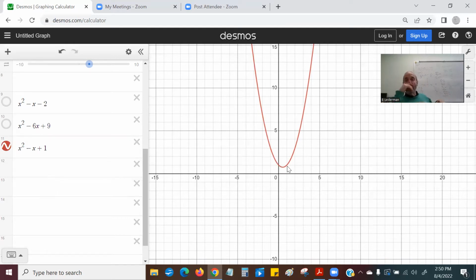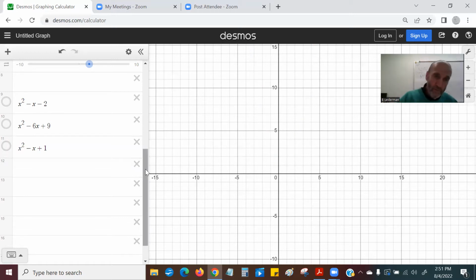And the reason is that the points where it touches the x-axis are the real x values that make this equal 0. But there are no real x values that make it equal 0. So the parabola is up in the air. There are imaginary values, but not real values. So that's kind of cool graphically.